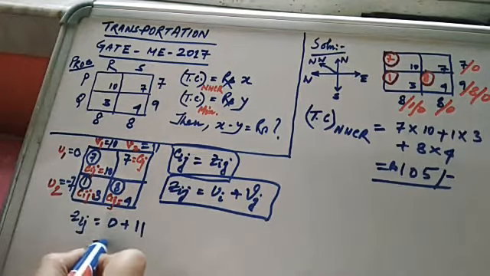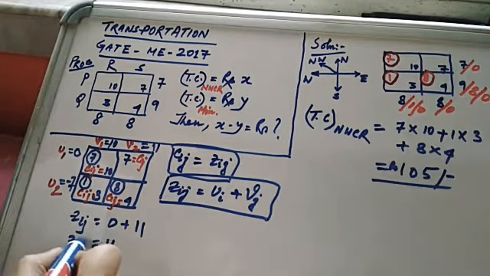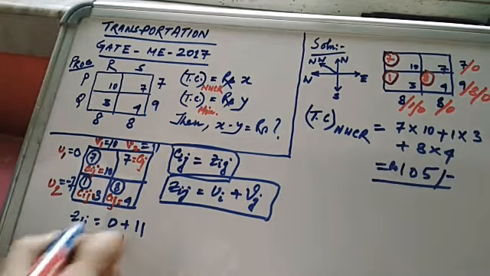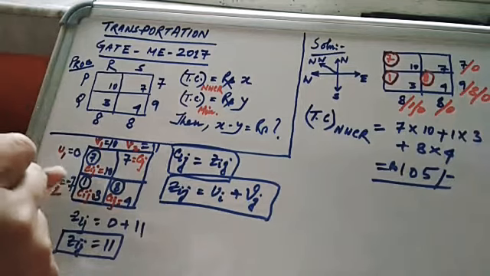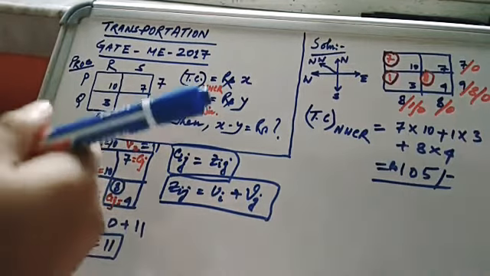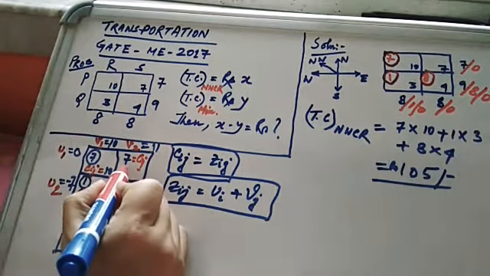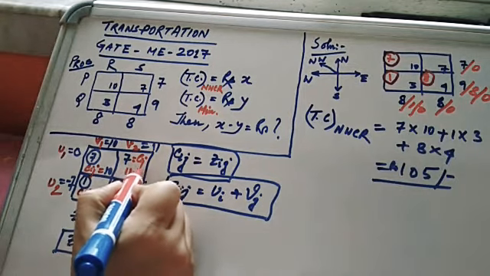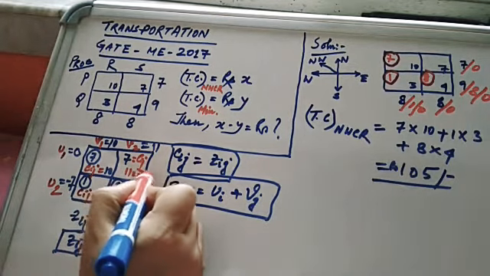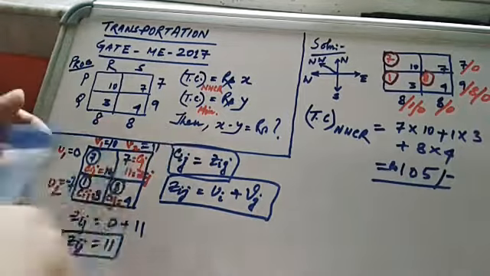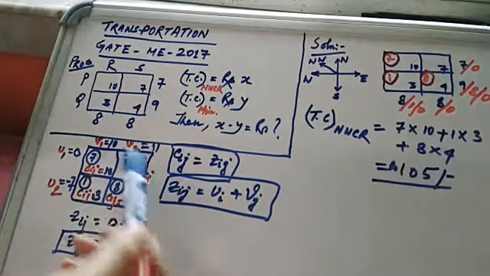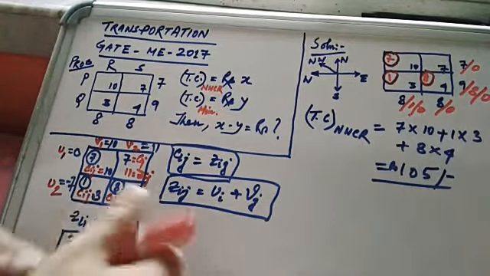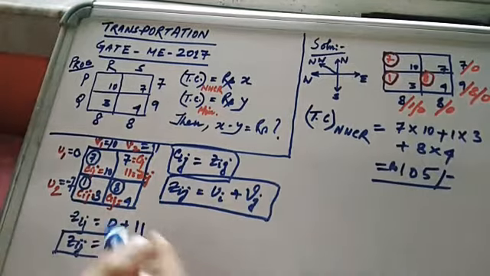So you get the value of Zij for this unallocated cell, which is given as 11.